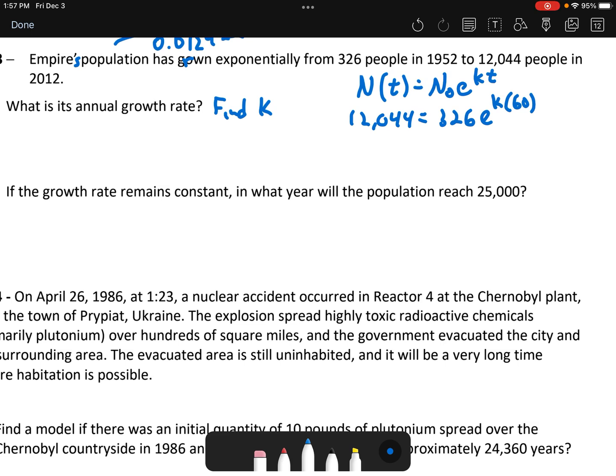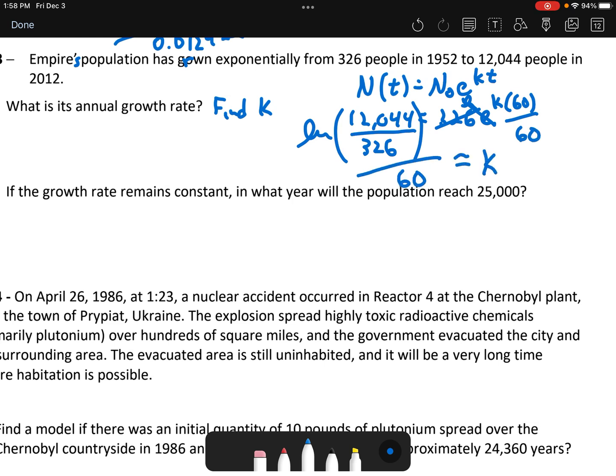So in 60 years, we went from 326 people to 12,044. So now I'm going to solve for K by dividing by 326, natural log of all that. That eliminates the E, divide by 60, and there is K. So now this is definitely one we want to store.